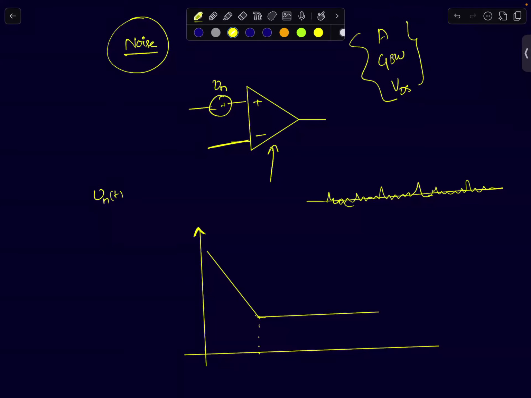And if you take a sinusoid, at every time instant, its value is precisely defined. You know exactly what the value is going to be. Whereas for noise, we can't precisely say what value it is going to take at any given time instant. I mean, we can, but that's going to involve knowledge of too many factors.